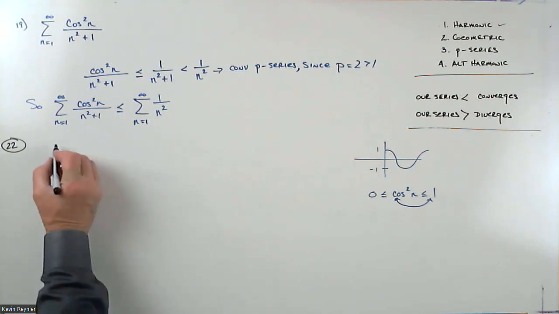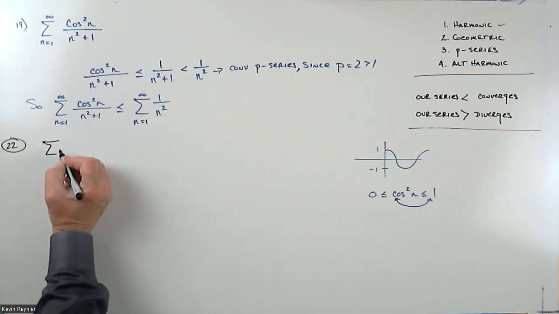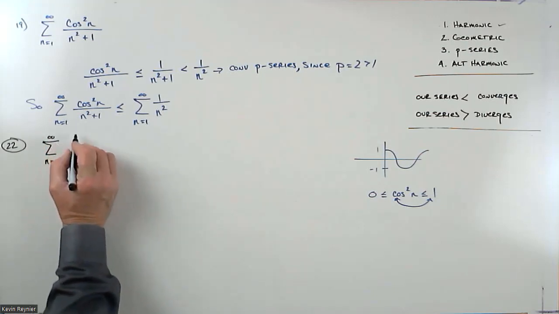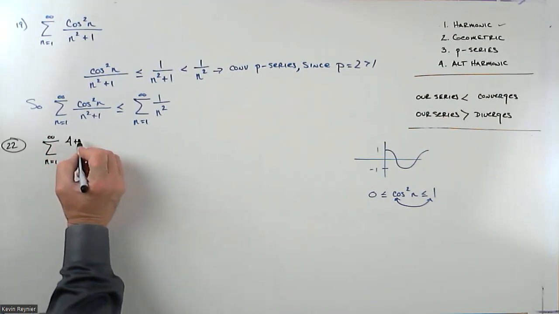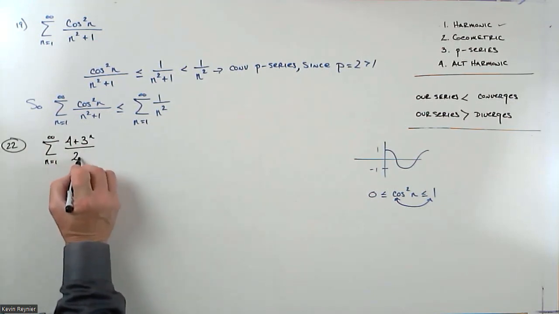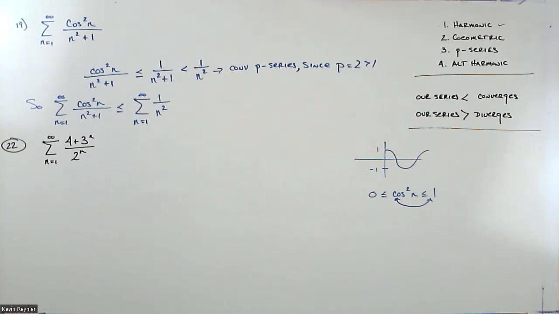22. Ooh. Okay, so this is n equals 1 to infinity, we have 4 plus 3 to the n over 2 to the n. All right. So what are we going to do here?